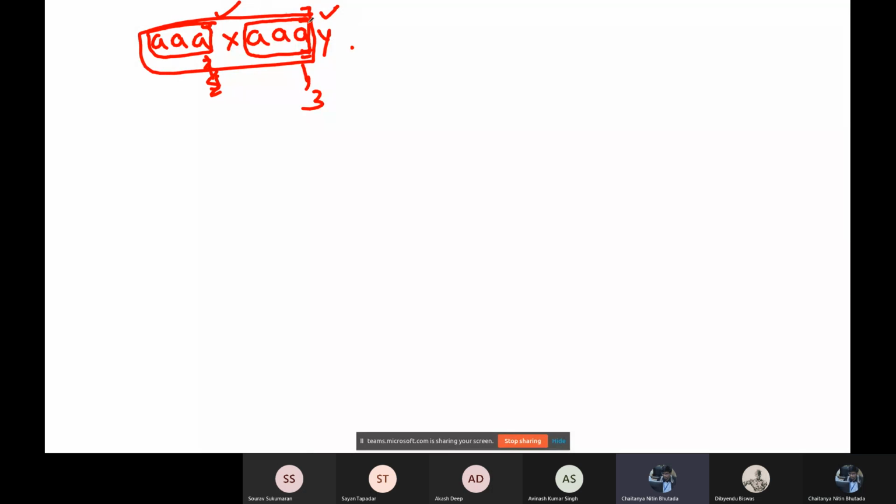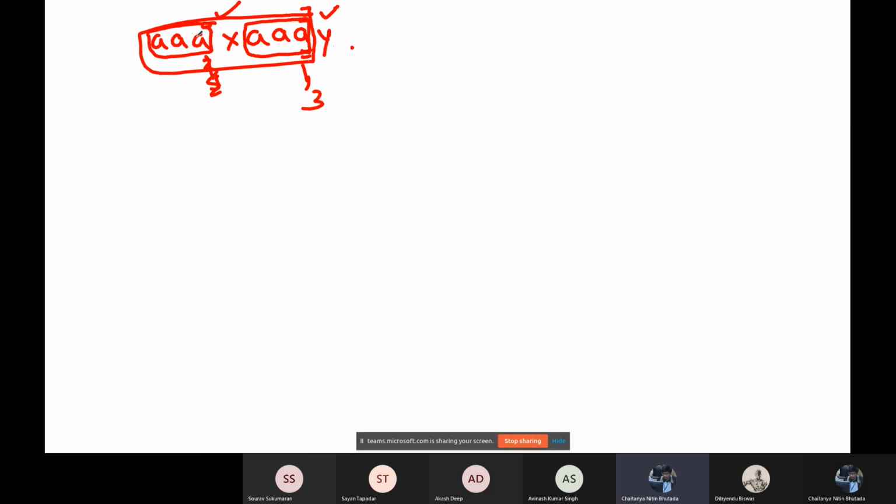Okay. A X A Y. Okay. So the value of pi here will be 3. Suppose we know this by DP. So we know this block and this block match. Now we compare X with Y. So X and Y do not match.